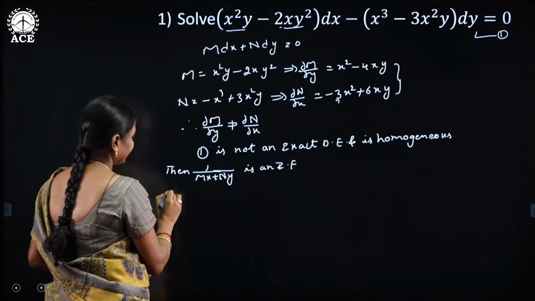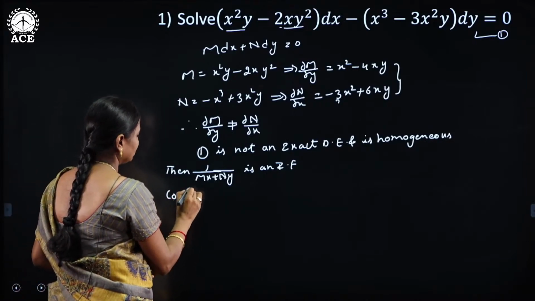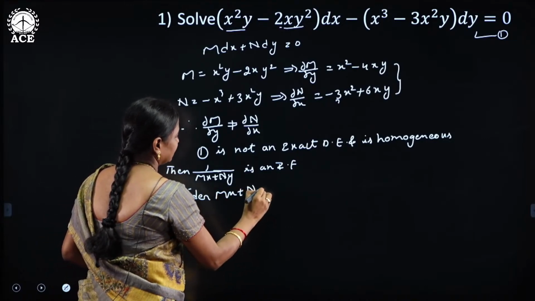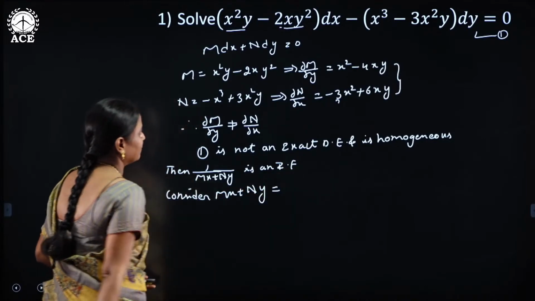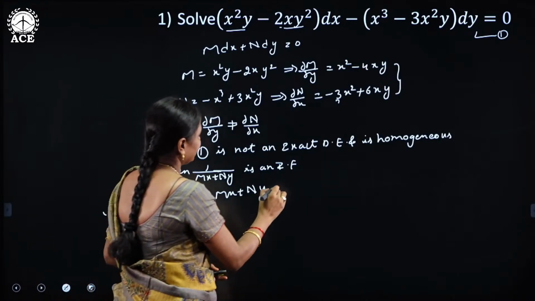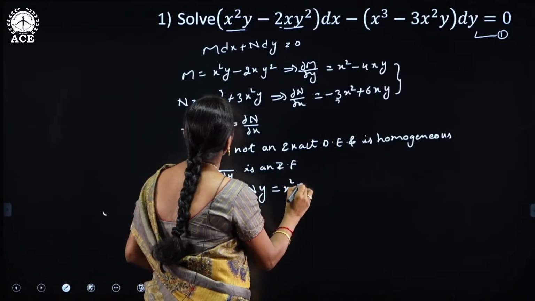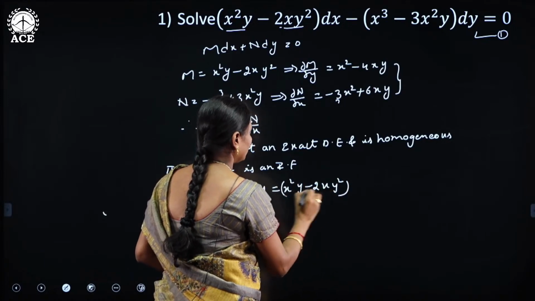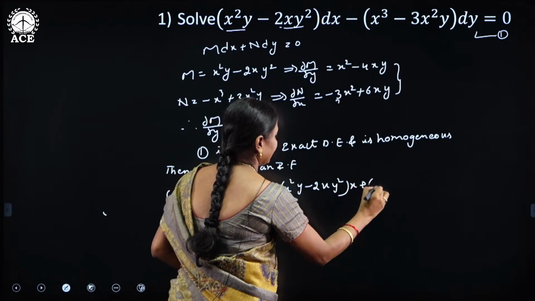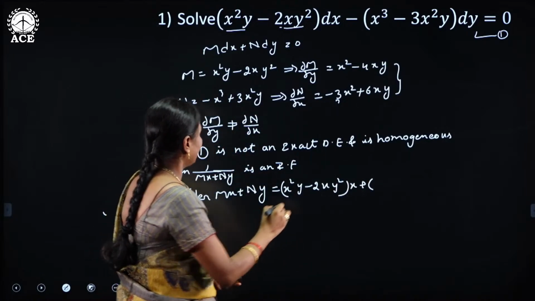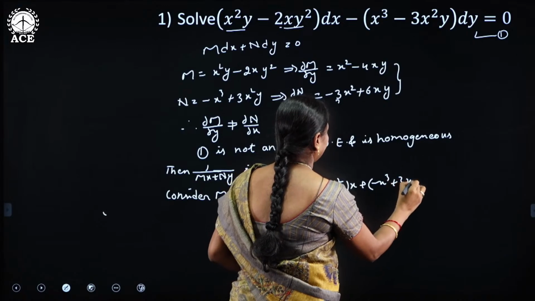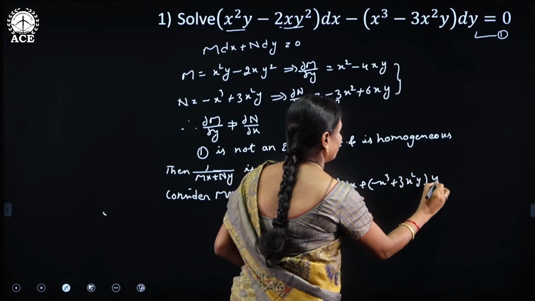Next, to find the integrating factor, first find the term Mx plus Ny. What is our given M? M is equal to x square y minus 2xy square, multiplied by x, plus N, which is minus x cube plus 3x square y, multiplied by y.